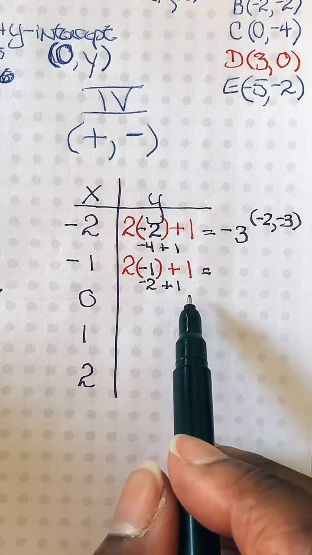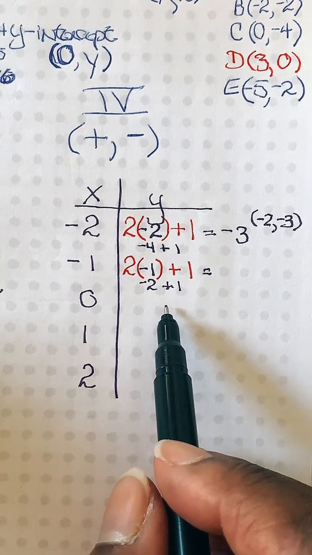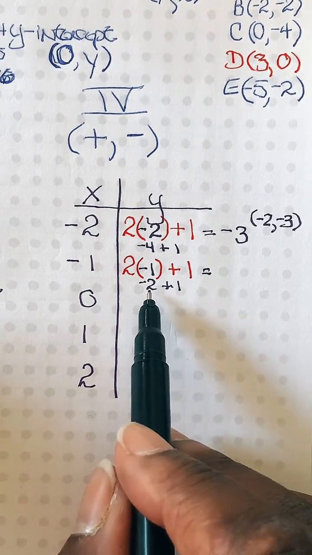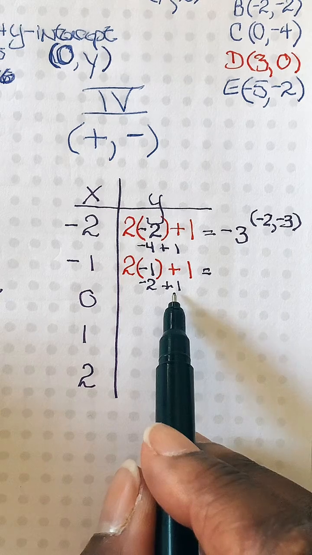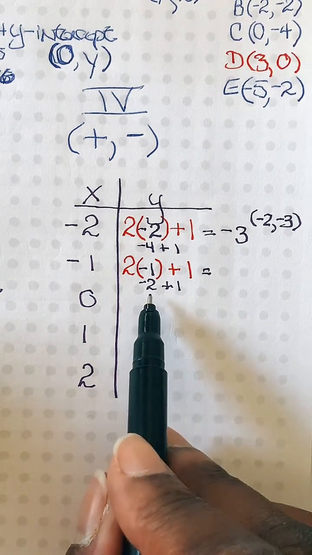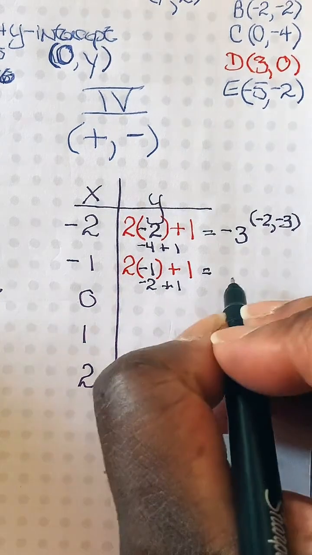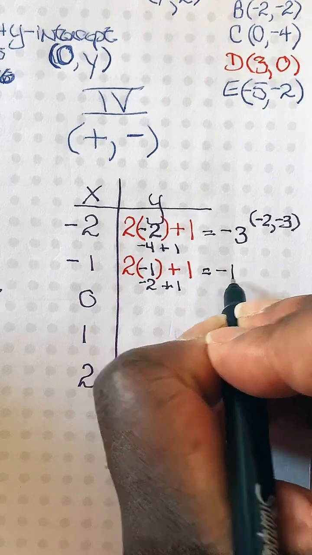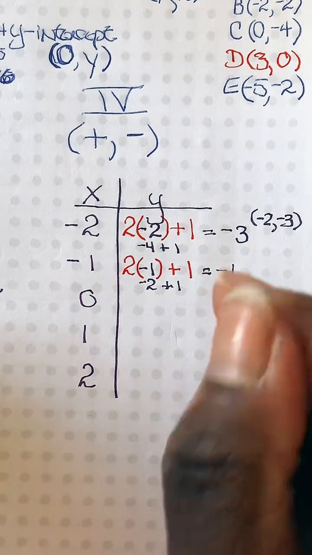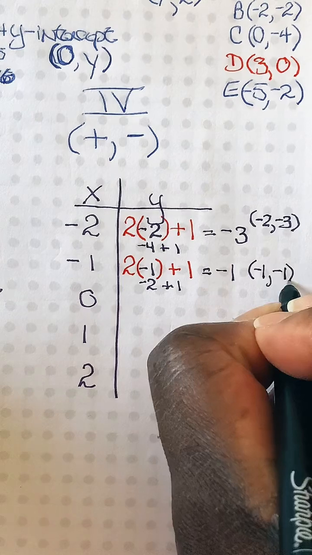You owe me some money, go south. I'm one of those type of people. I want my money. So we have -2 plus 1. If I owe you $2 and I paid you $1, that means I still owe you $1. So the ordered pair that we're going to plot is -1, -1.